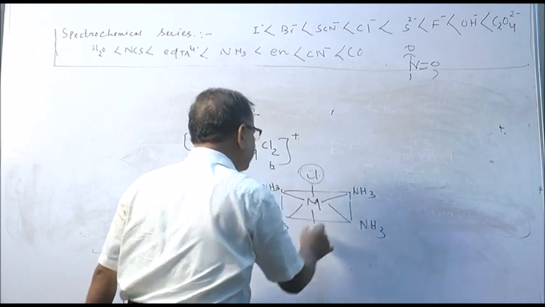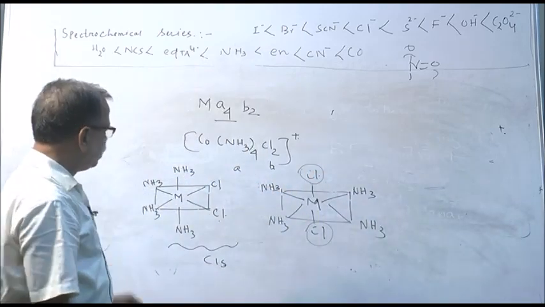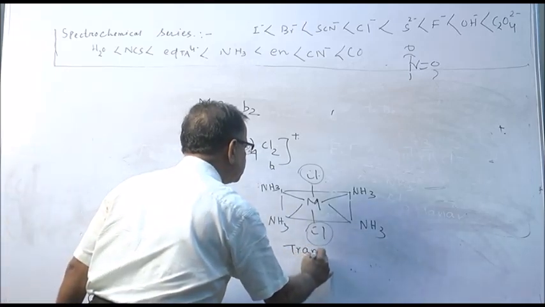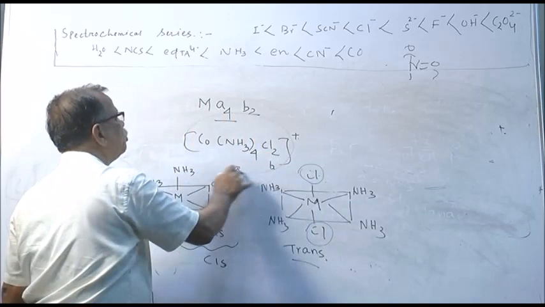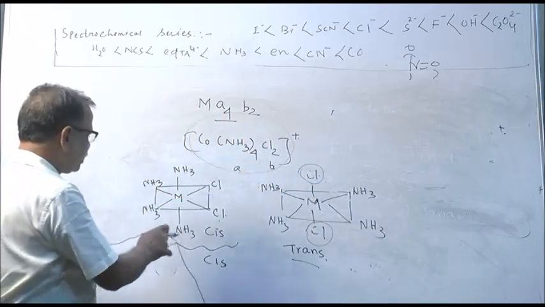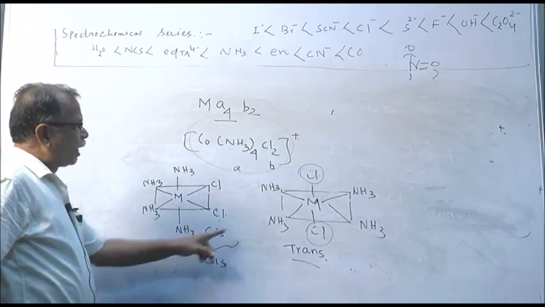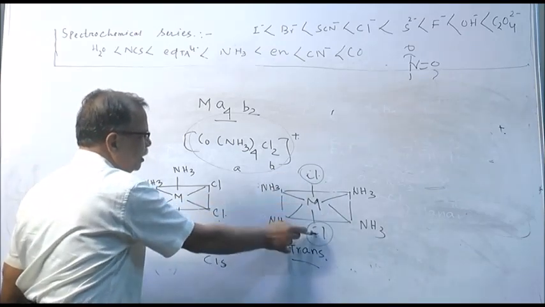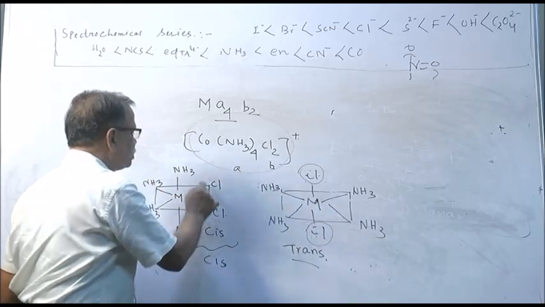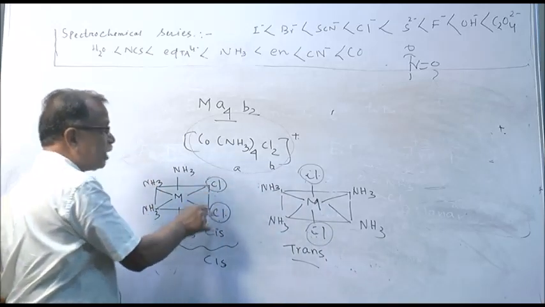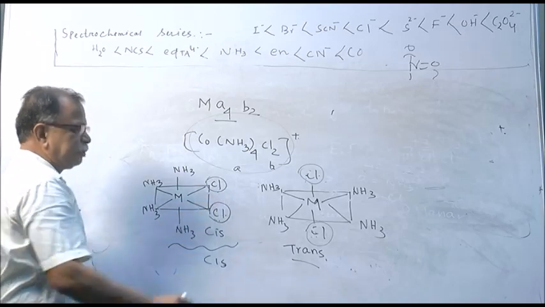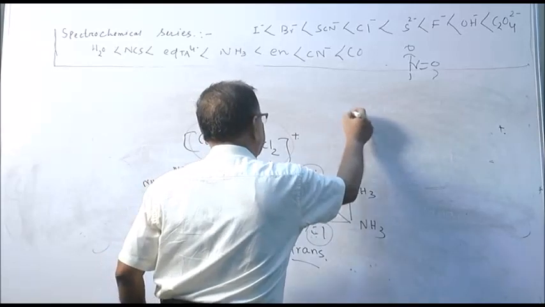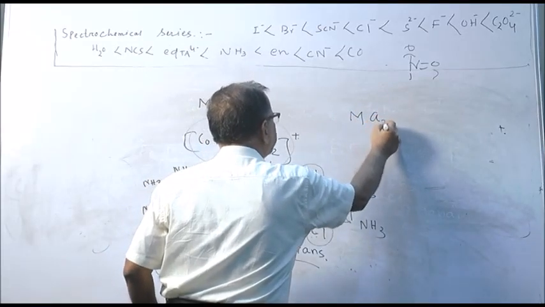This Cl and Cl are in opposite direction, so it is trans form. Therefore, whether this compound will give geometrical isomer or not, you will say that it gives one cis form and another trans form. It is trans because the two chlorine atoms remain in opposite direction. Here these two chlorine atoms remain in the same direction. Same direction means cis, opposite direction means trans. Another example is Ma3B3. Ma3B3 type.